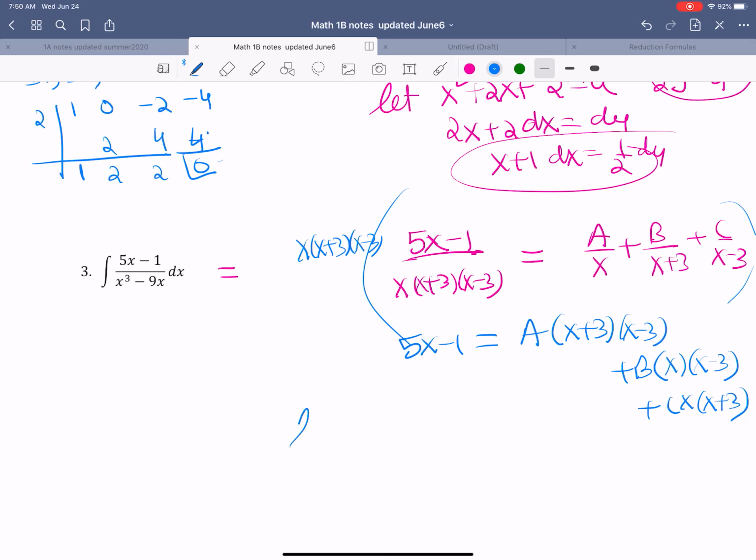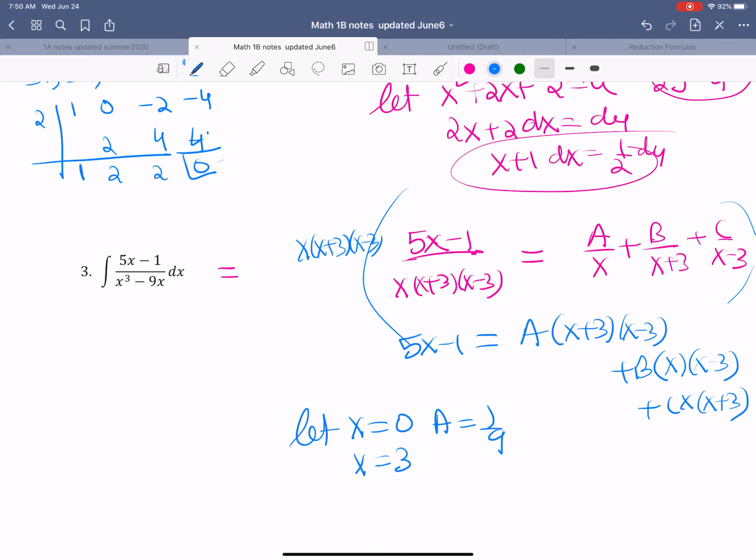Okay, so we're going to let x be 0. If I let x be 0, I can easily find a by plugging in x as 0 on both sides. A would turn out to be 1 over 9. And I can let x be positive 3 on both sides.